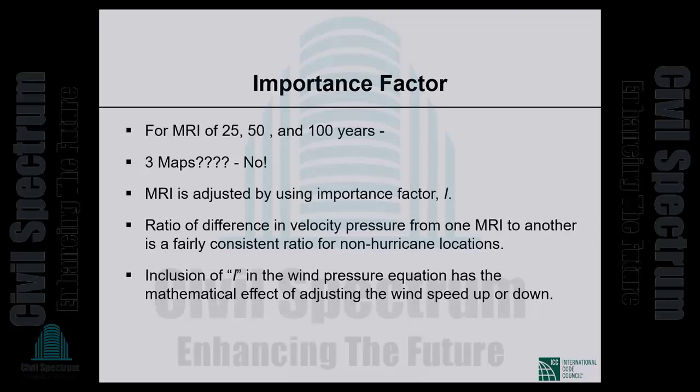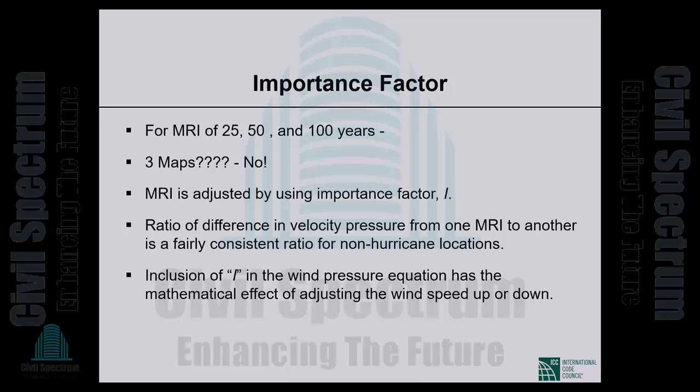So since we are using 3 return periods in design of structures of different occupancy and use, do we need 3 different maps in the standard? And the answer is no. The ASCE 7 committee determined quite some time ago that the ratio between 50-year return period wind and 100-year return period wind is substantially constant.